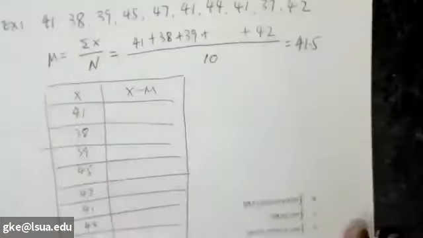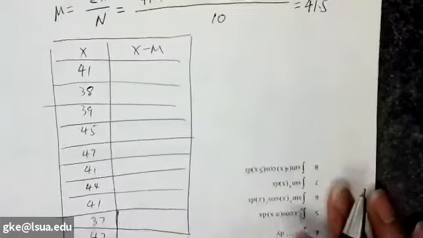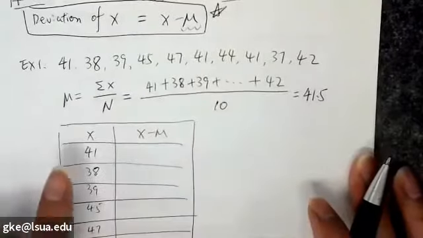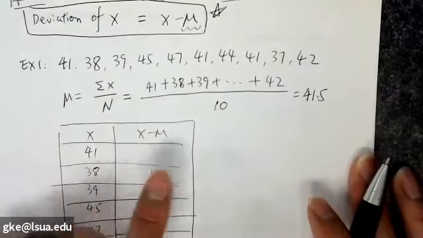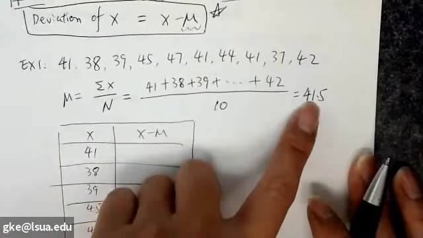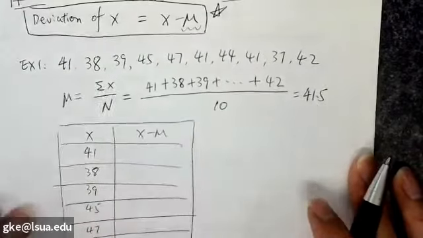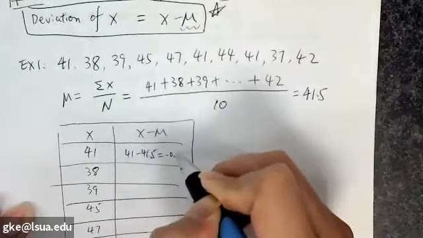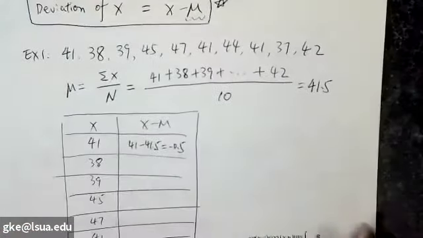Corresponding here, right? Now, the deviation is defined as x minus mu. So that means 41 subtract 41.5. That equals what? Negative 0.5. Okay, that's the first one.